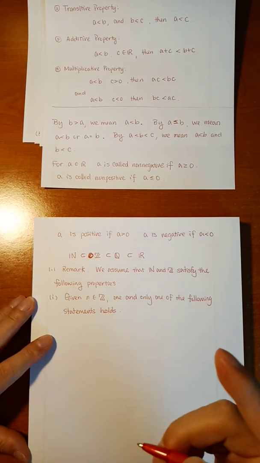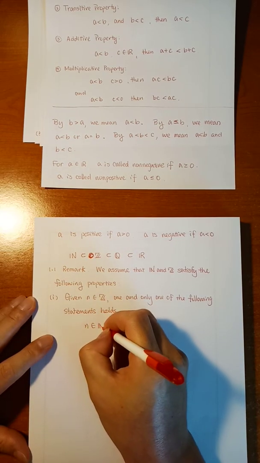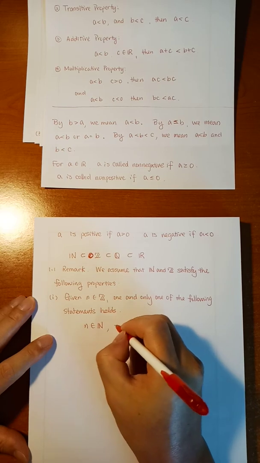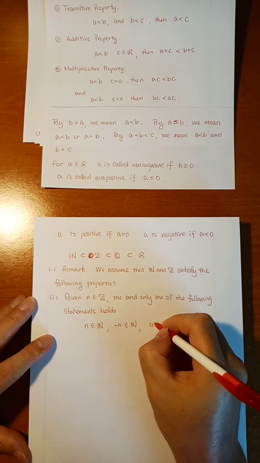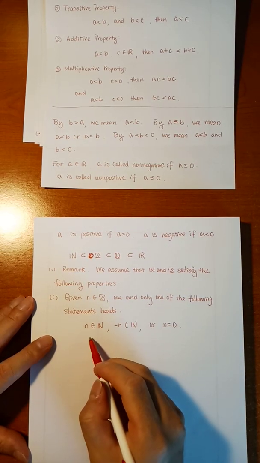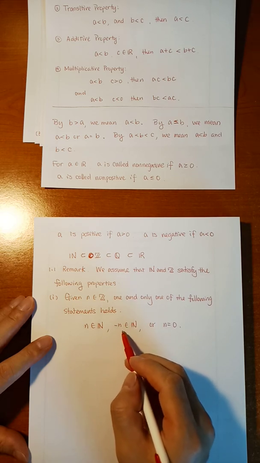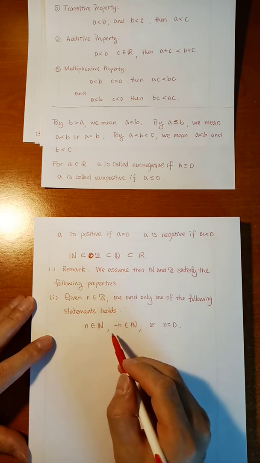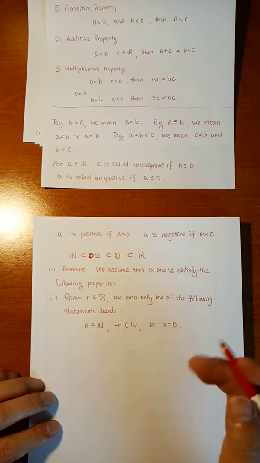For an integer, either it belongs to the natural numbers, so it is positive, or its inverse belongs to the natural numbers, so it is negative, or it is 0. That's obvious.